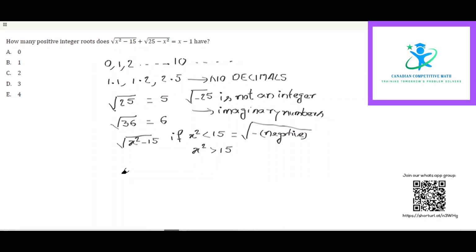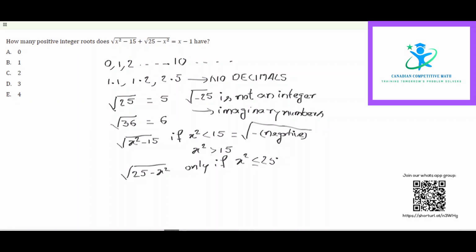And let's take the other bracket, 25 minus x squared. The square root of this exists only if x squared is less than or equal to 25.